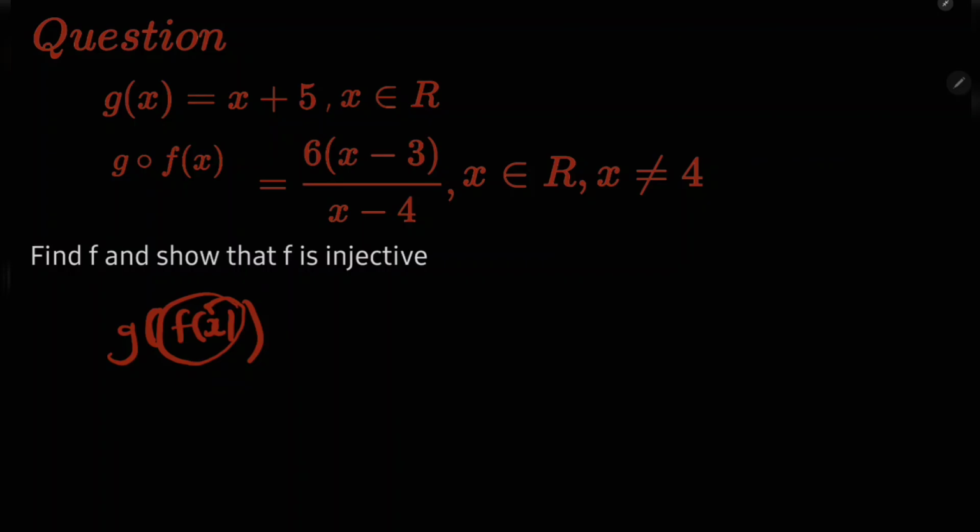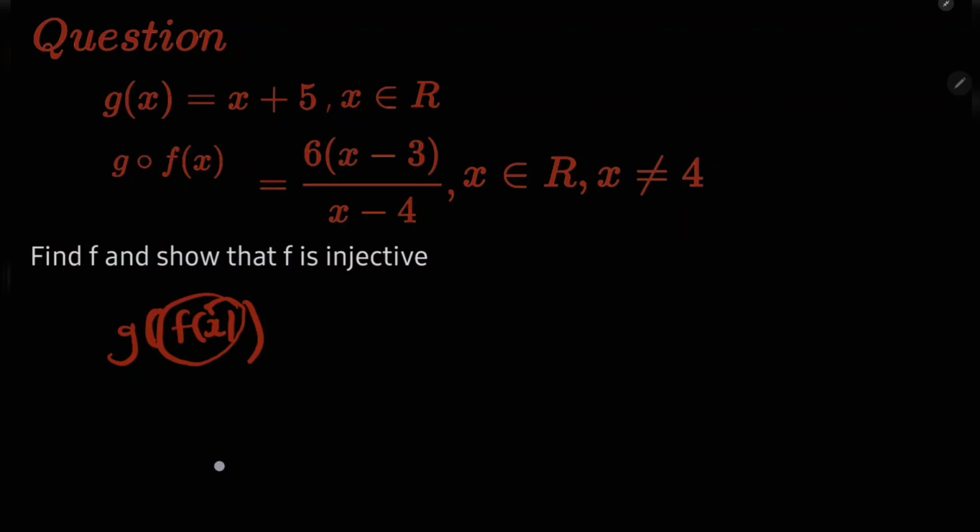We substitute x in the g of x function with f of x. Normally, if we were given the f of x function, we would take the function and substitute it for this x. But we have not been given the f of x function, so we are going to substitute f of x manually.